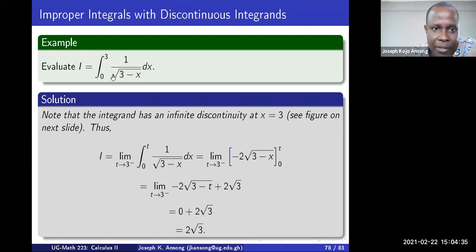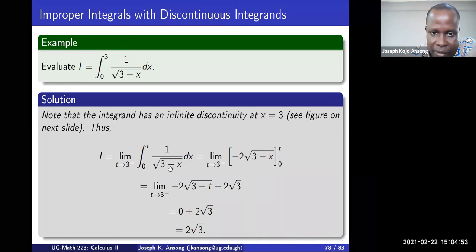So when that happens, I need to replace the 3 with a t and find the limit as t approaches 3 from the left. We're approaching here from the left. Now I just integrate whatever is here and then find the limit. When I integrate this, which is just 3 minus x raised to the power negative half, we've seen that before, you just integrate it and you get this.